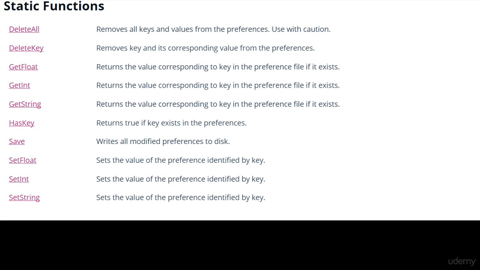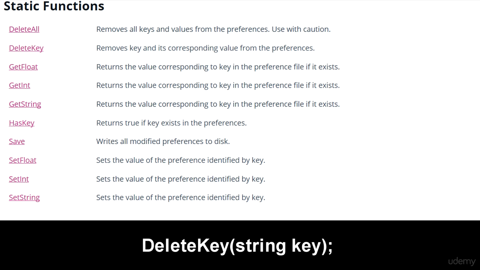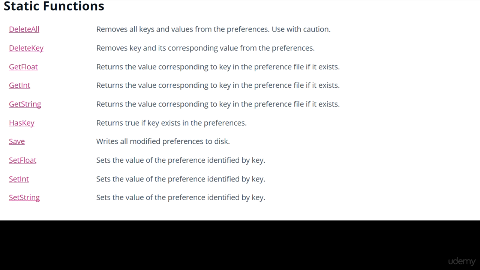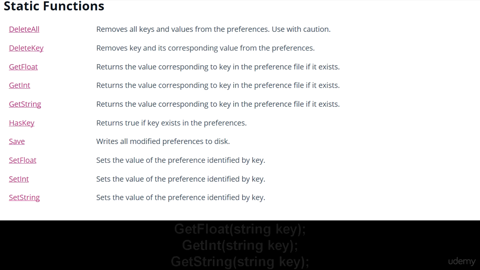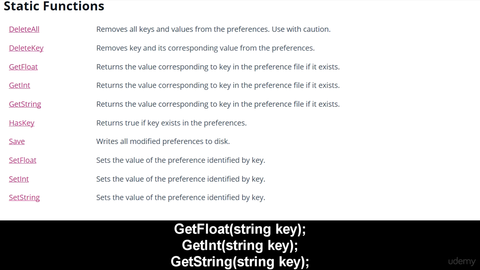The next static function on our list is the delete key function. This function removes one of the saved variables that we specify. In order to use this function, we need to pass the key as a parameter. Therefore, we need to know the label of that saved value. Next, we have the getFloat, getInt, and getString functions.